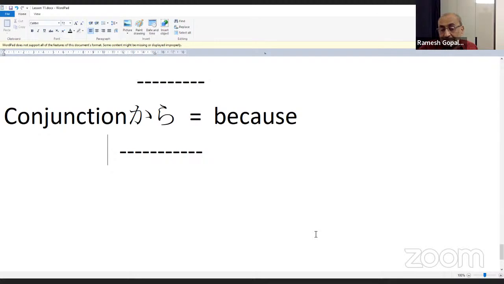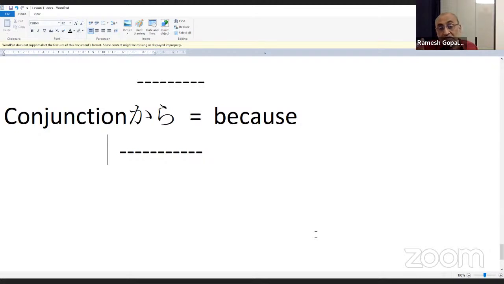Sensei, in English, generally we might say, I will buy ice cream because I like ice cream. But is it the standard form of sentence structure in Japanese that the reason will come before kara? Naturally, it is like that, because the reason comes and then what you do. But it's a good question actually. It is not exactly that way.